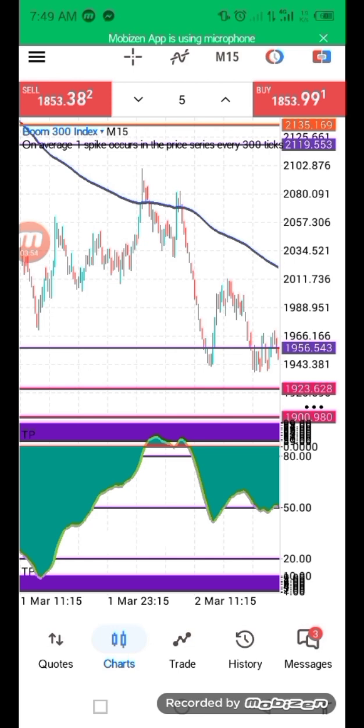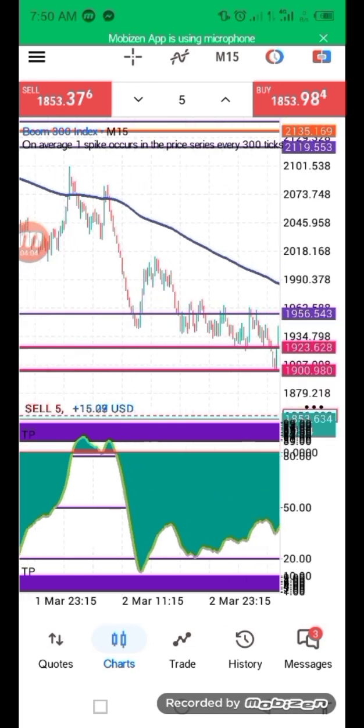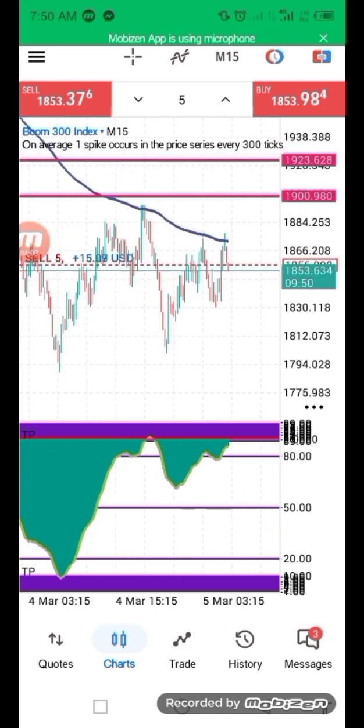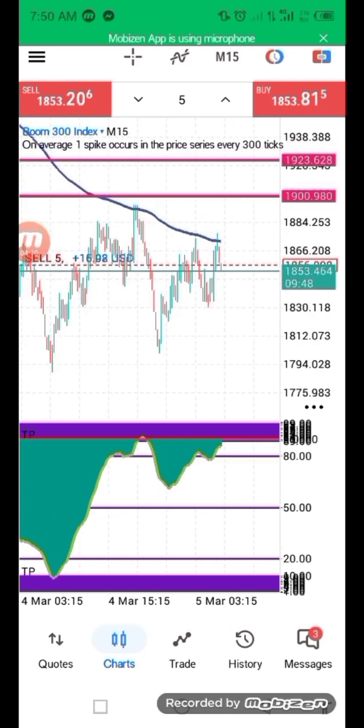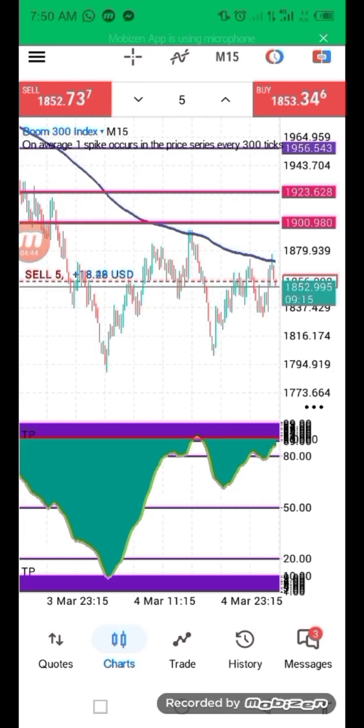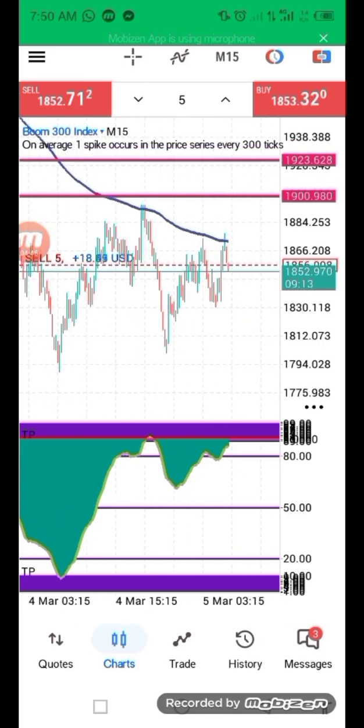Price gets here, gets rejected, we get a rejection candle or a bearish candle, and we storm into the trade for a sell position. And it works on all time frames. So let's watch and see how it plays out, after which I will give you the settings for these indicators.